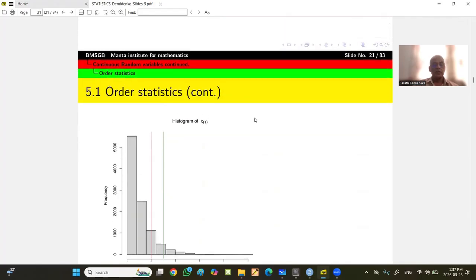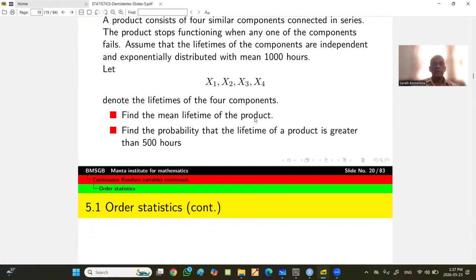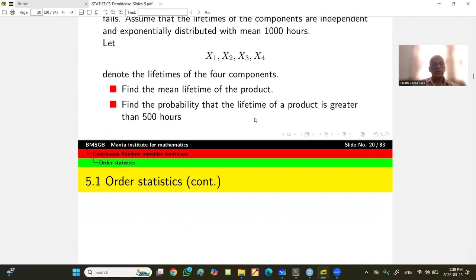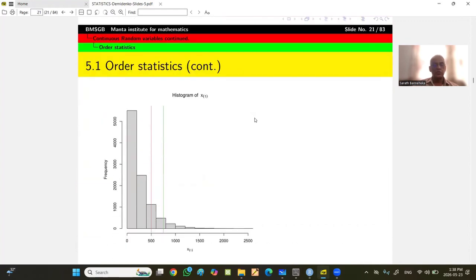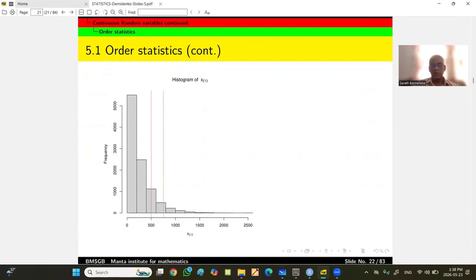So here, after I have got my values, for example the mean and the quantile, I have added those two to my graph right here.